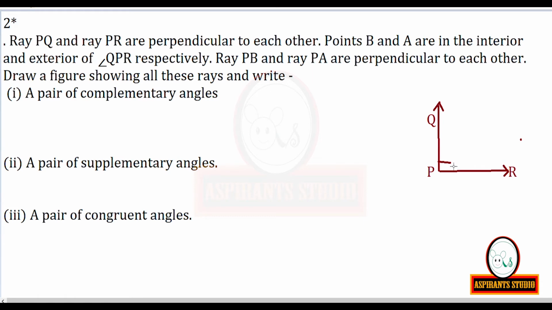Also, we have to see that ray PB and ray PA are perpendicular to each other. So first we'll draw ray PB. You have to see that point B is in the interior of angle QPR.